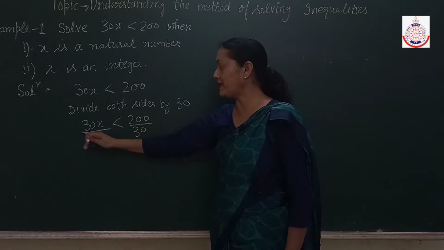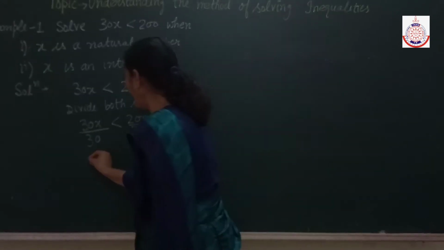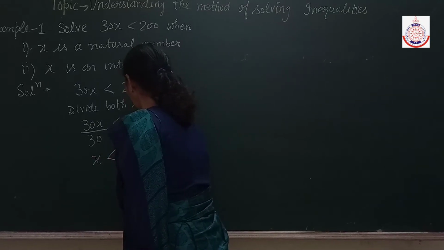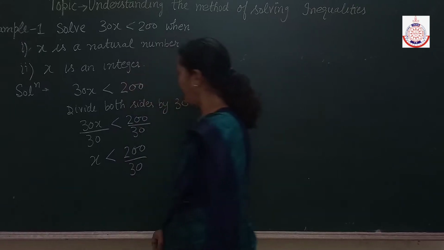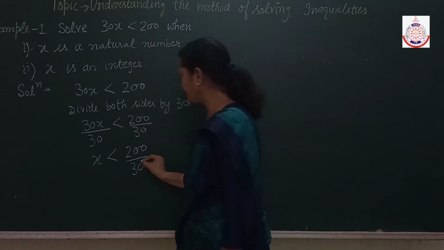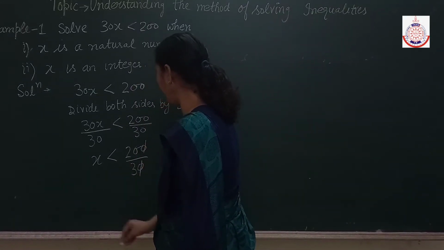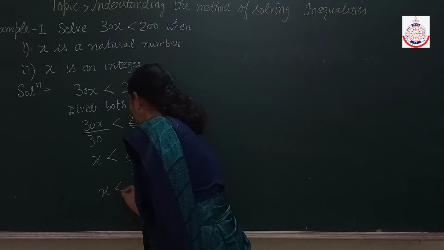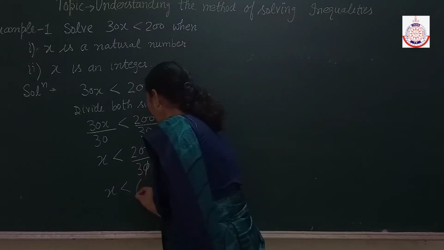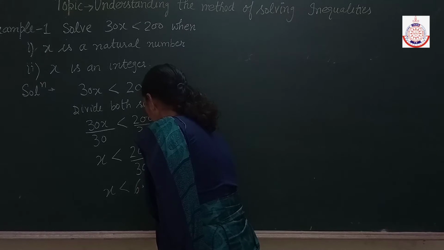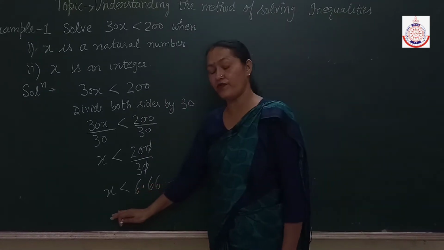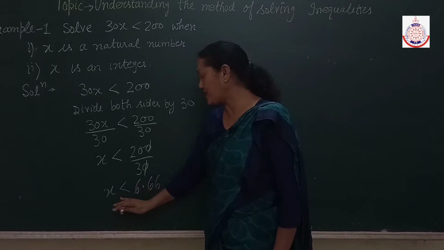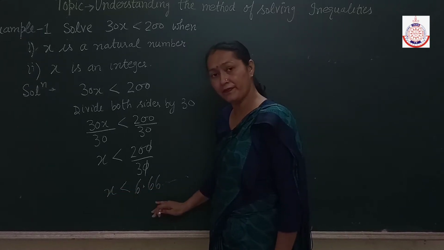Now this 30 and 30 will get cancelled and we will be getting x strictly less than 200 upon 30. Now if we go for cancellation, 0 and 0 will get cancelled and after division we will get 20 divided by 3, which is 6.66 and so on. This is our answer of x. X has to be strictly less than this number.